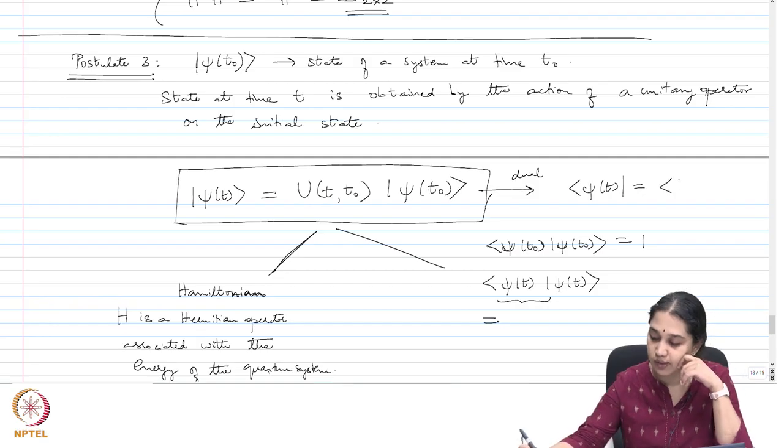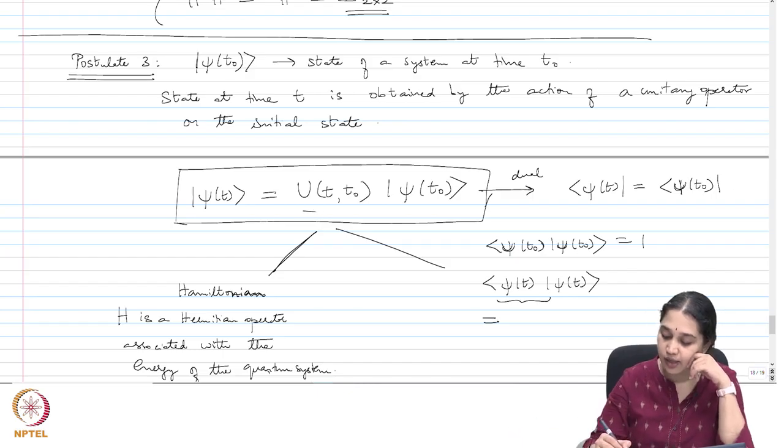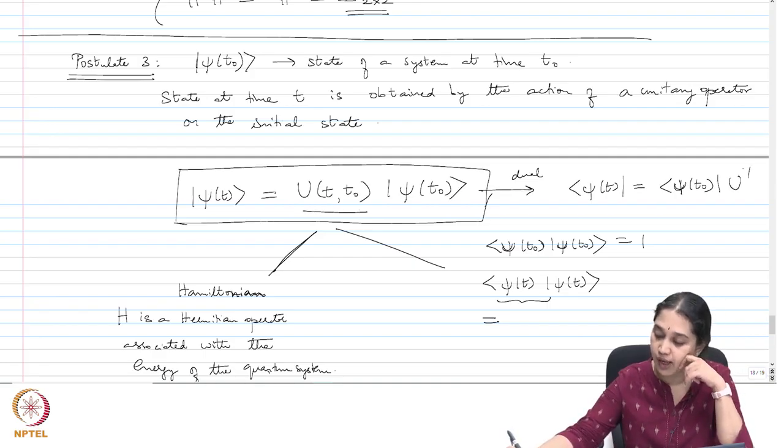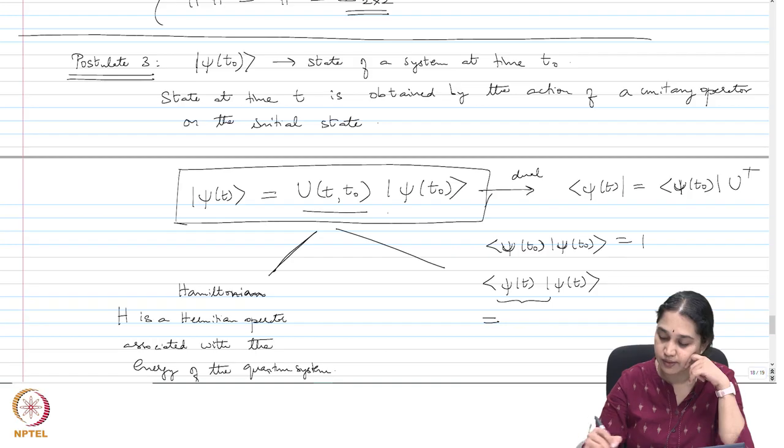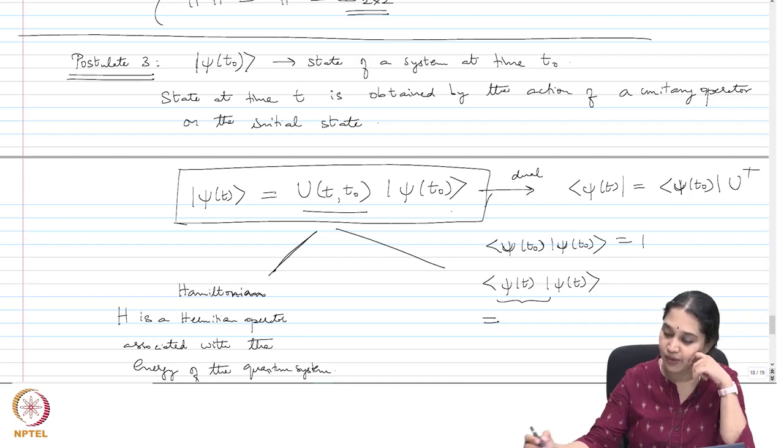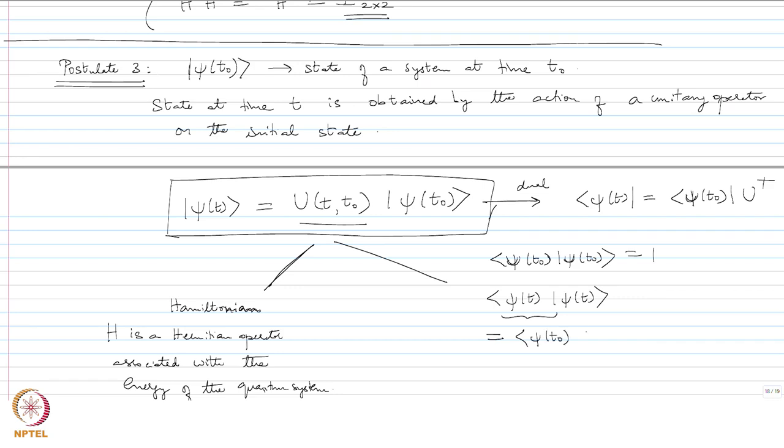So this looks like the bra of psi of t naught times the complex conjugate transpose of U, which is nothing but U dagger. So this is what the bra version of this ket equation looks like. And when I substitute that here, I get psi of t naught U dagger U psi of t naught.